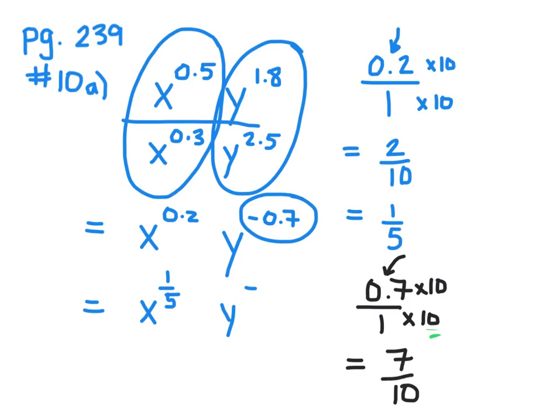So you end up with negative 7 over 10, which is exactly what we were doing before. And you can rewrite this as x to the power of a fifth all over y to the power of positive 7/10, because that's what the negative exponent means. Write it on the bottom with the positive exponent. And you can continue on the problem just like we did.